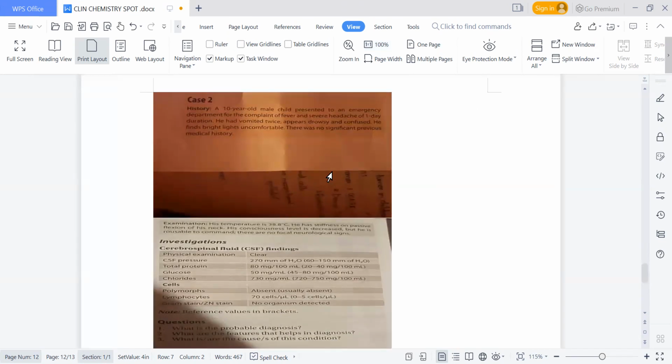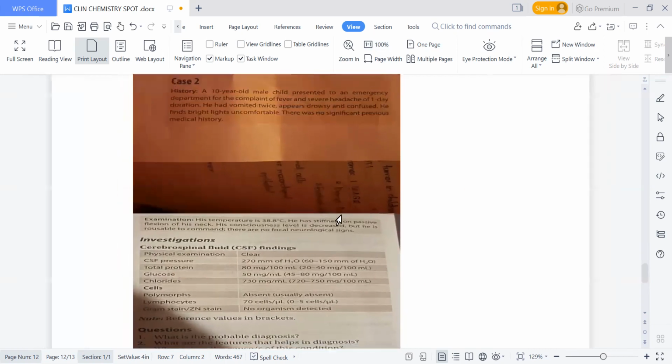For the second case study, we've already discussed what a typical clinical picture would look like if someone has increased intracranial pressure.